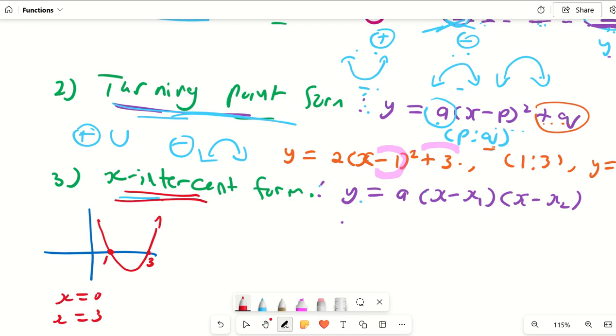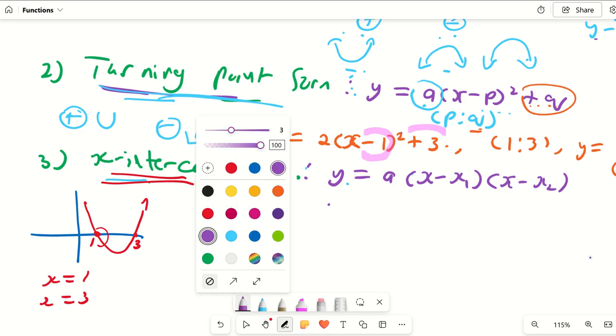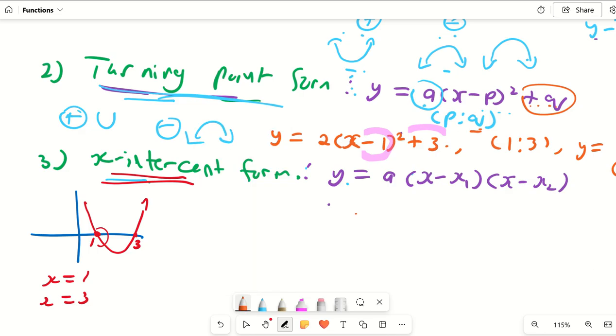An x-intercept is a point or points where a graph crosses the x-axis. So in this specific example, that's 1 and 3, right? So we all understand what an x-intercept is, right? Now from this x-intercept form, the x-intercepts of this function will be x1 and x2.